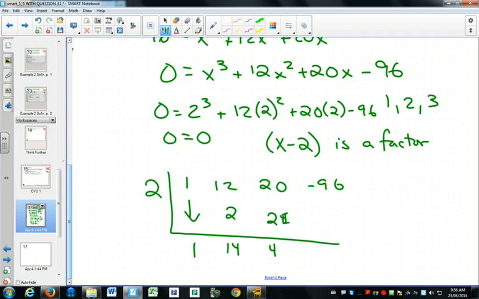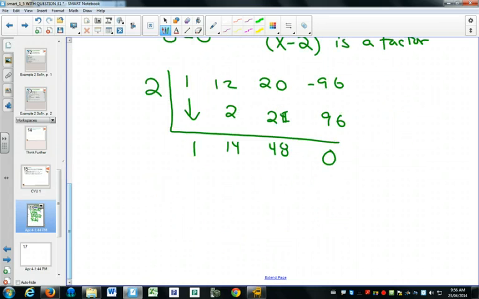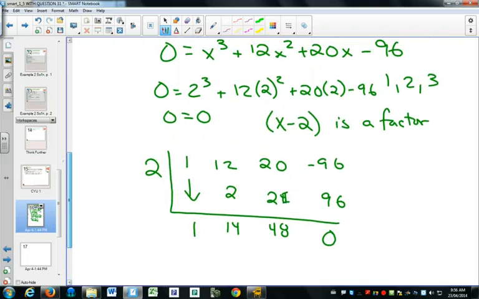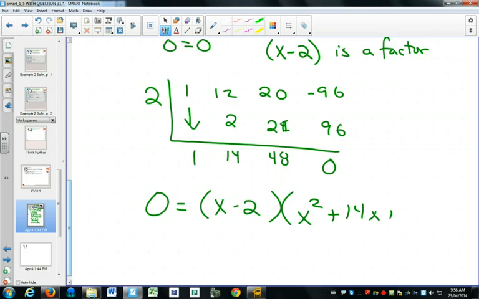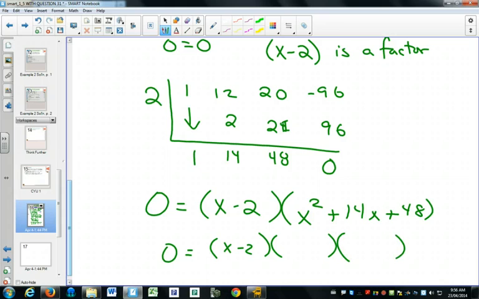Right? 48, 96. Perfect. So now we know that our original function is going to equal x minus 2 times x squared plus 14x plus 48. And that factors further to x plus 6 and x plus 8.